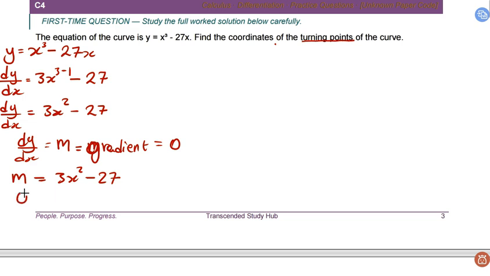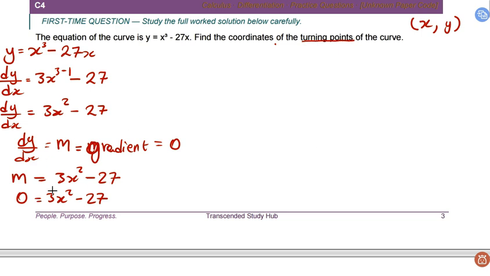So now 0 equals 3x squared minus 27. Since we are finding the coordinates, you must have the x coordinate and the y coordinate.